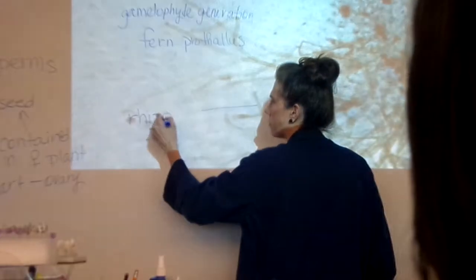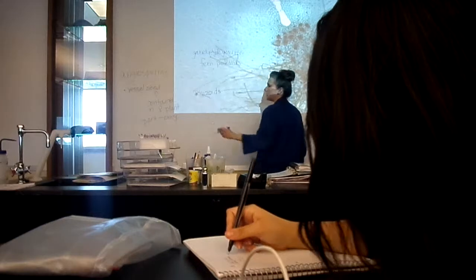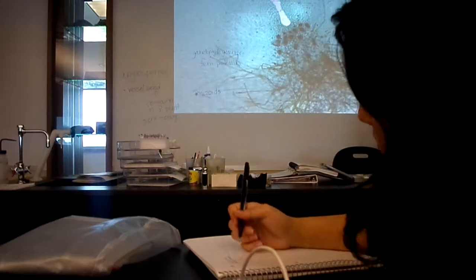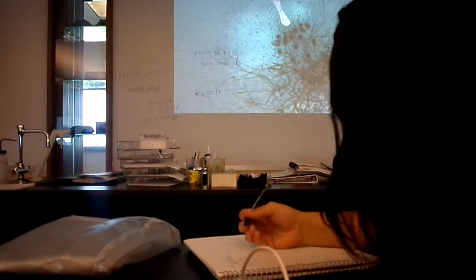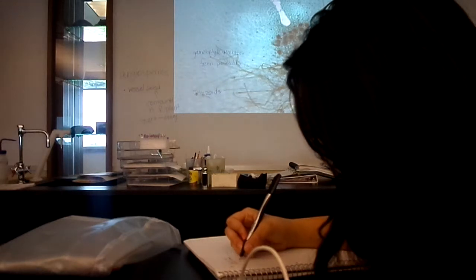Alright, so specific things. You see these long thread-like things here. We've seen these before, in fungi. These are the rhizoids. They help to anchor that little gametophyte generation down into the ground, but then wash away.